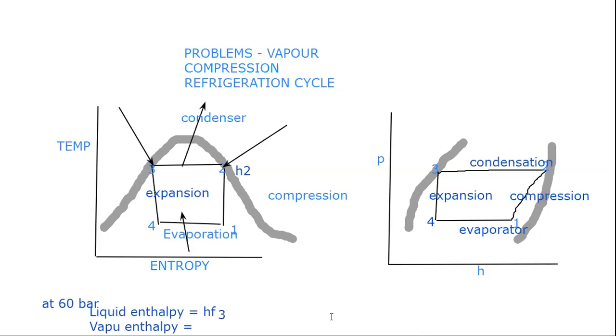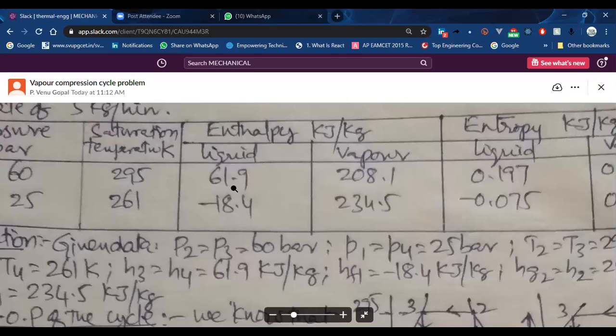That is how you have to understand the problem using the data given. He has given the enthalpies for vapor and liquid. Looking back at the data, hf3 is 61.9 and h2 is 208.1.